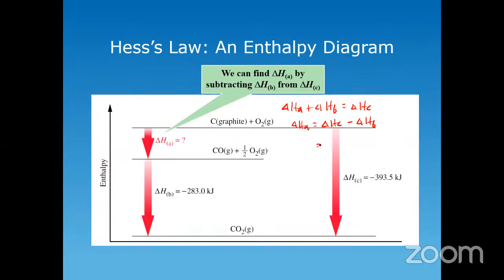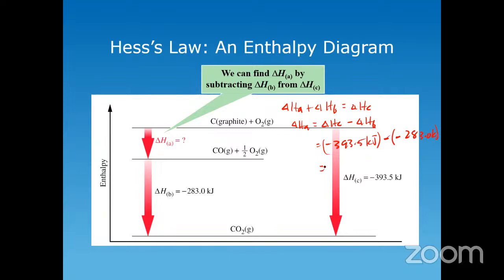Delta HC is minus 393.5 kilojoules, and let me put that in parentheses. And then we subtract from that delta HB, which is minus 283.0 kilojoules. And that's it.